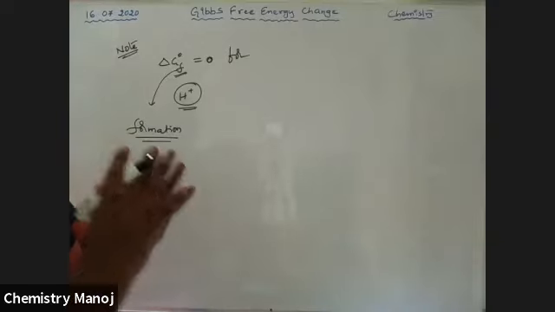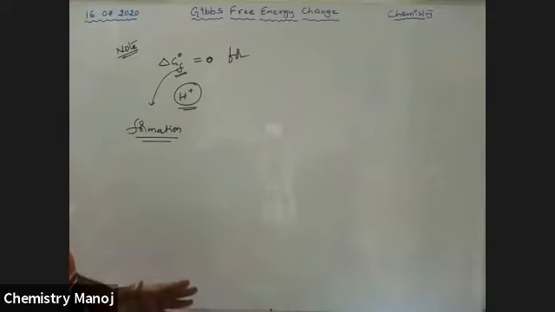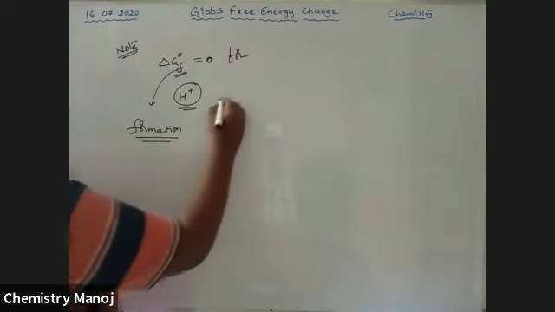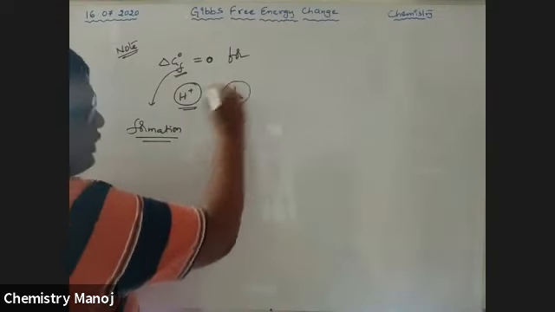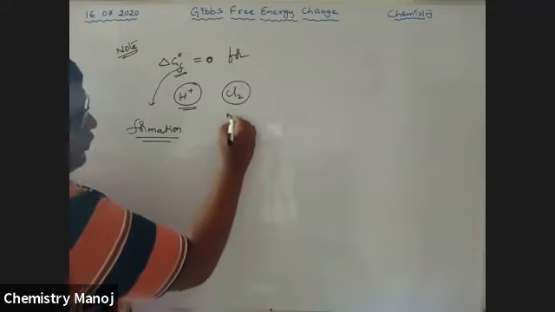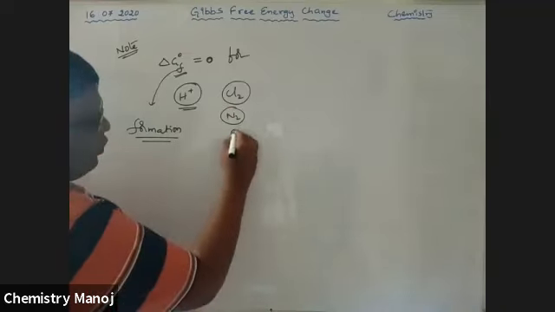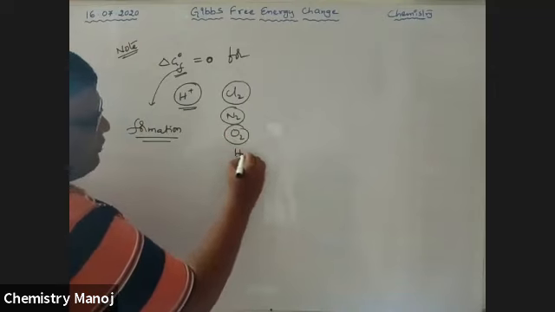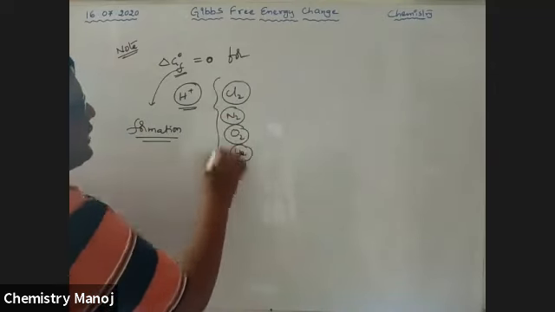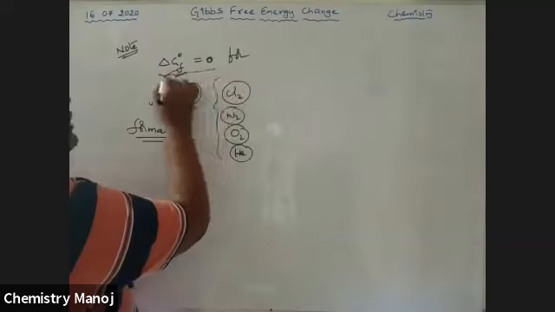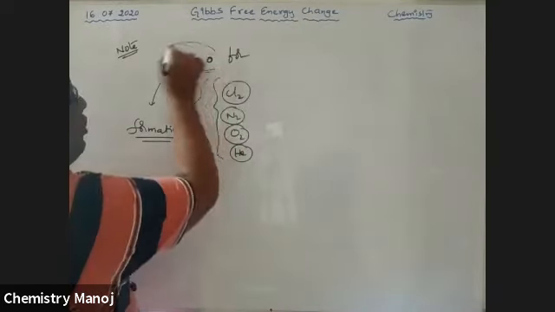These are standard values you should remember. And also for elements, Cl2 formation, N2 formation, O2 formation, helium formation, these elemental gases, their delta G f value is equal to 0.